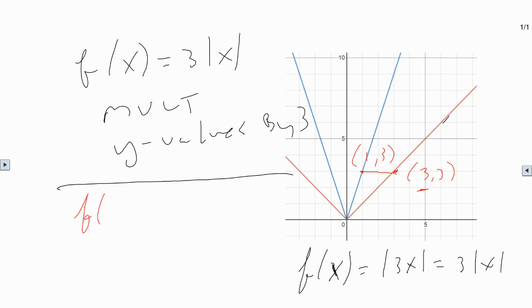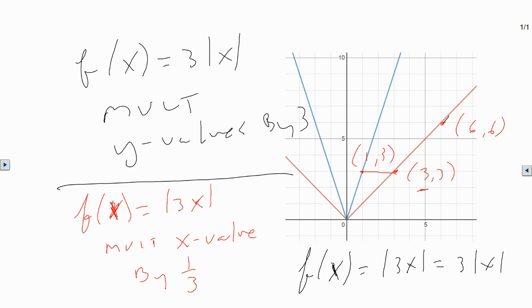with horizontal dilations. So if I said f(x) is equal to the absolute value of 3x, which looks the same as the original one I had, we have to multiply the x value by the reciprocal, the 1/3. Any point that you take on here, here's the point (6, 6).